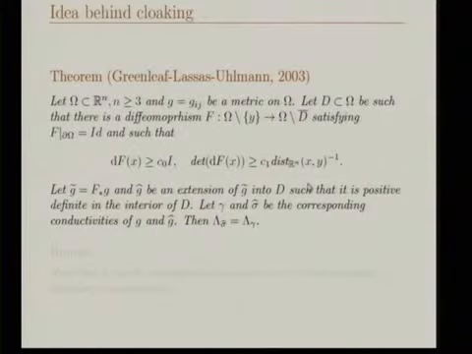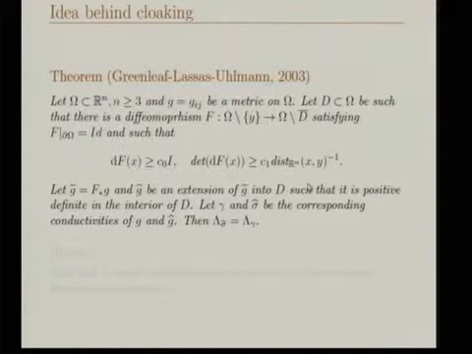Then you consider G tilde, which is the push forward of G. That gives you a metric on omega minus D bar, where D bar is a small ball, and that is what gives us cloaking. Then you extend this G tilde into D such that it is positive definite.